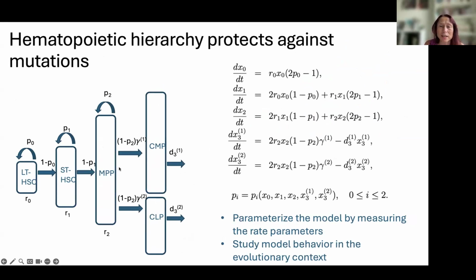So we only have 4 levels, 0, 1, 2, and 3, and there are 2 types in the 3rd level. So this is what we mean by hierarchy. It only goes one way. We don't have de-differentiation, so all the arrows come here. So this equation spills over here, this equation spills over here, and there's nothing going back. Does that answer? Yeah, it makes some sense.